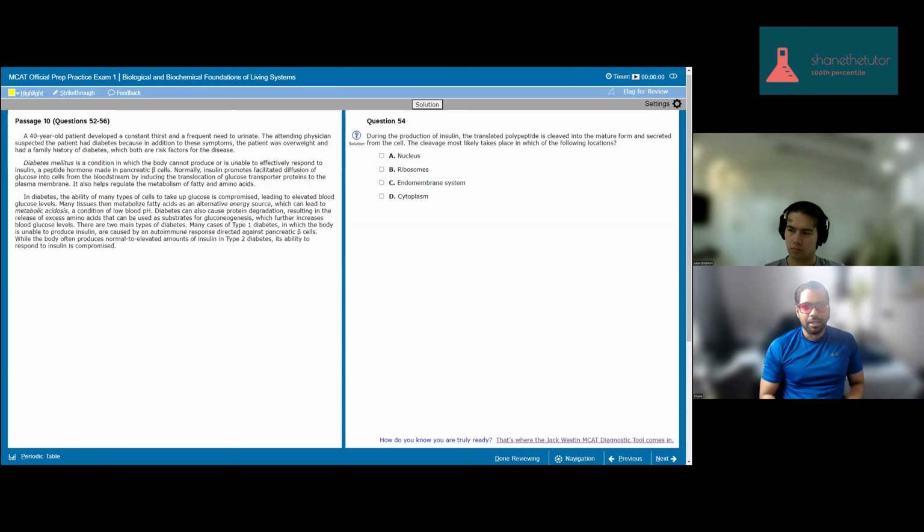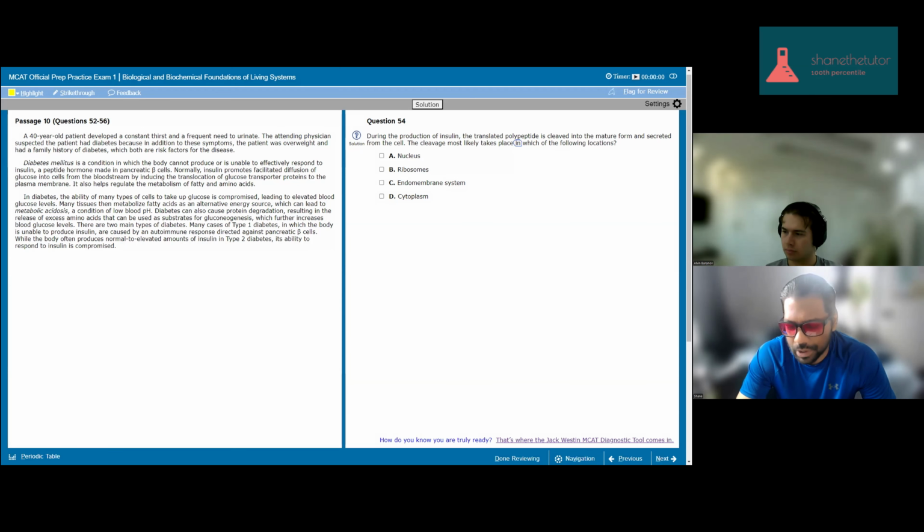So if it says that it takes place in something, it can't be ribosomes, right? Because they're not hollow. Interesting.